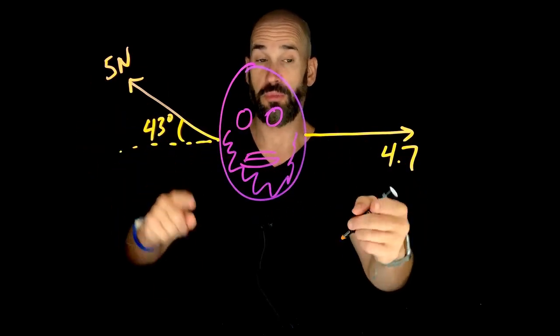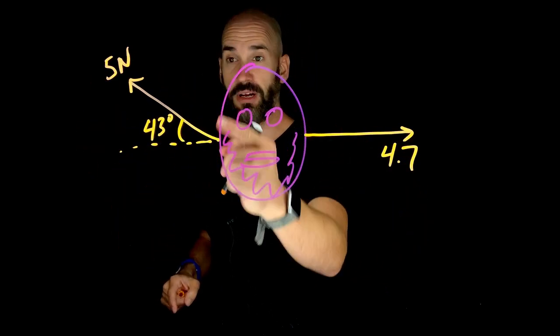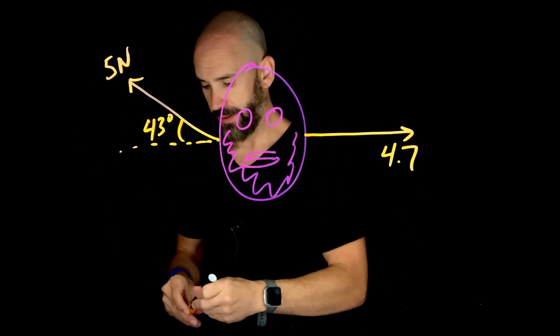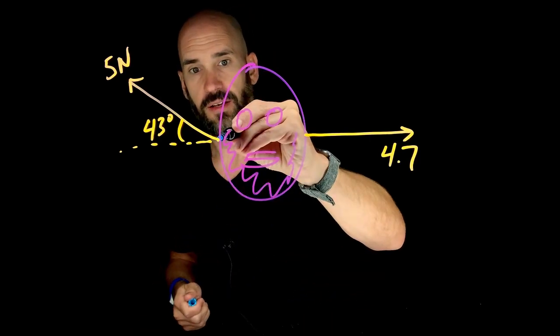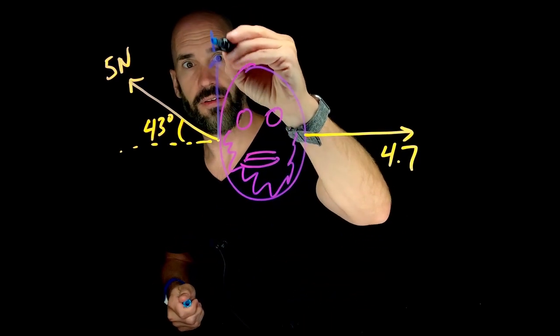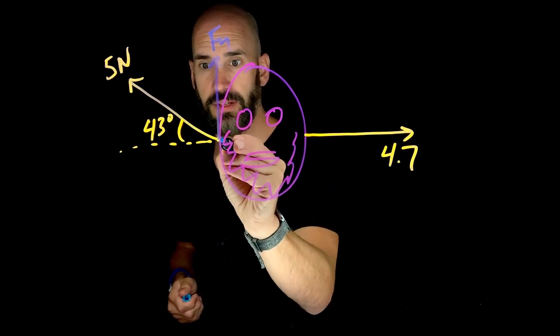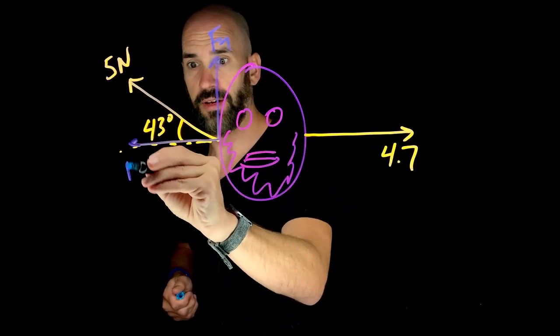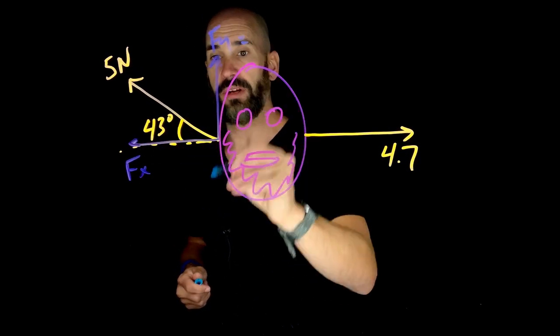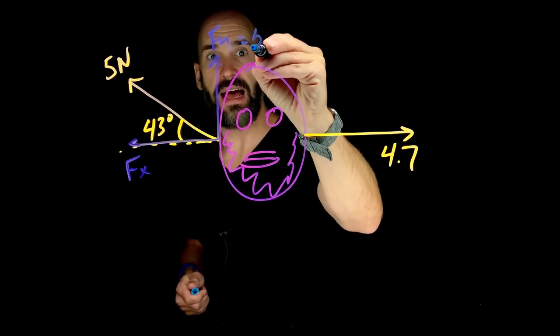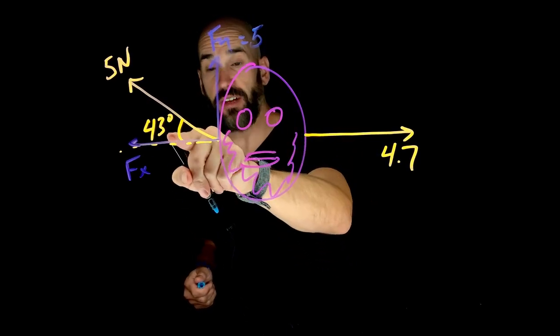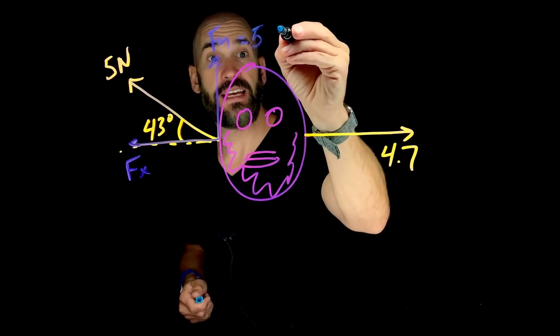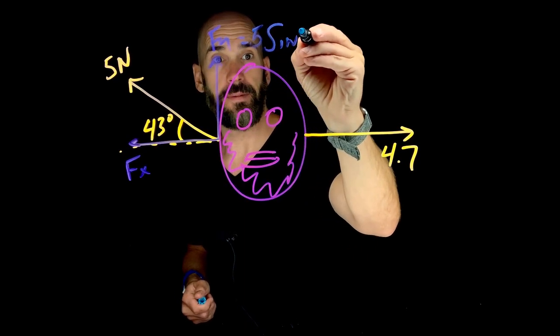This is definitely a two-dimensional problem because this force is pointing in two directions. There's going to be a y component of this force, and an x component of this force. The y component is the component that doesn't touch the angle, so that's going to be 5 sine of 43.